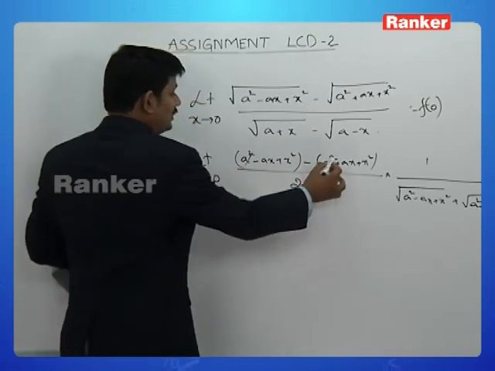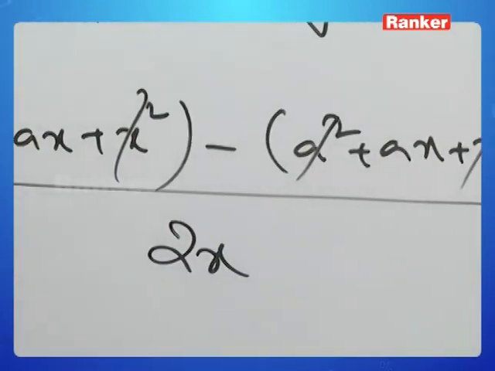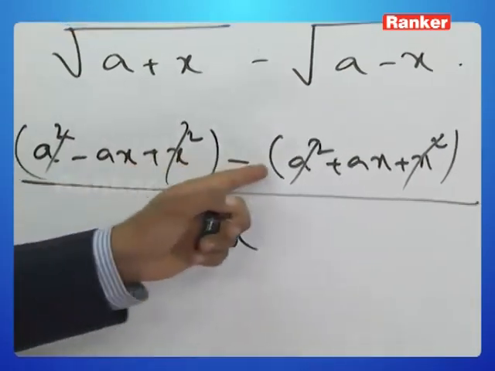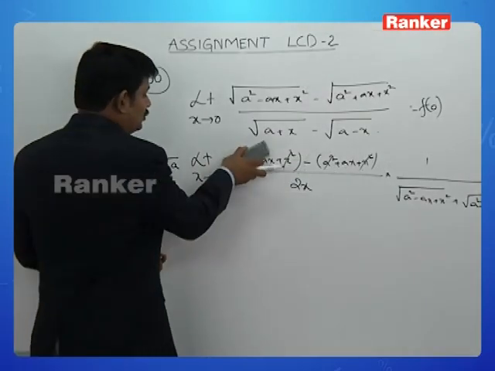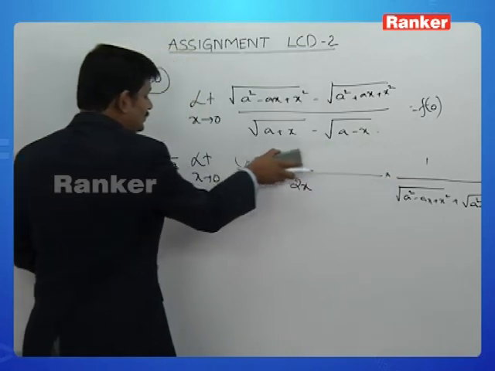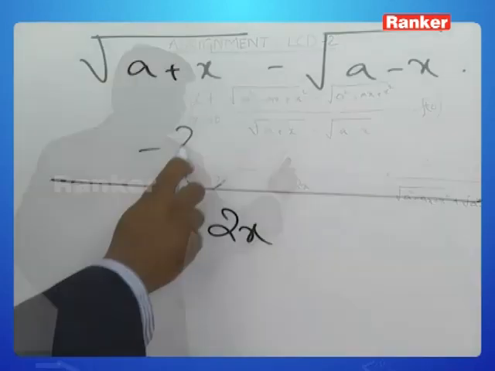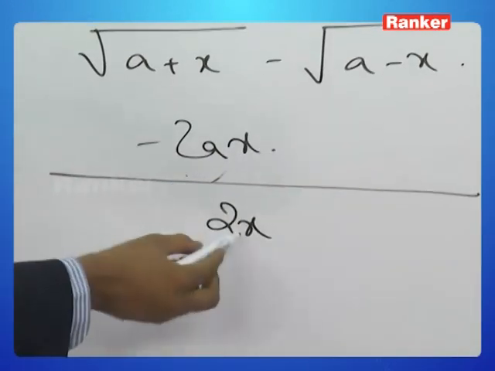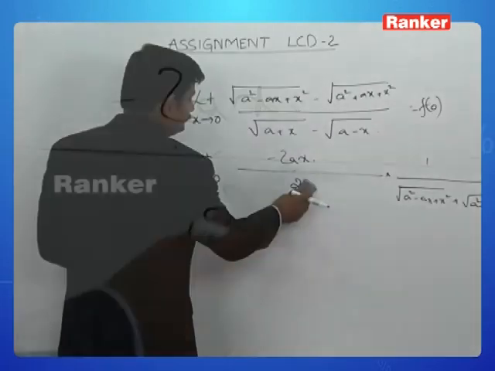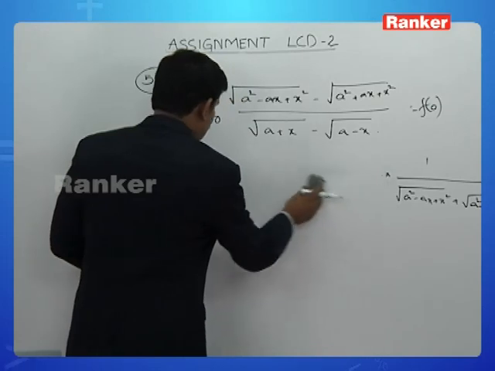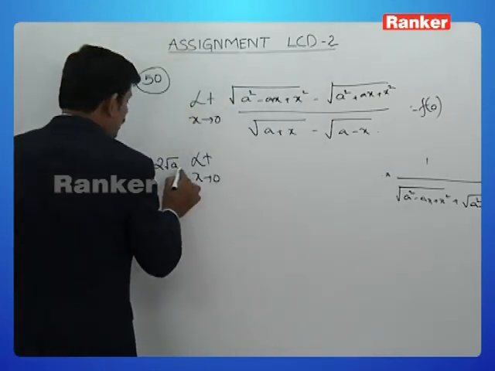A square and x square get cancelled, and minus ax minus ax is minus 2ax. So, the numerator is as simple as minus 2ax, of which 2x gets cancelled and we are left with minus a, and this minus a can be written outside the limit.